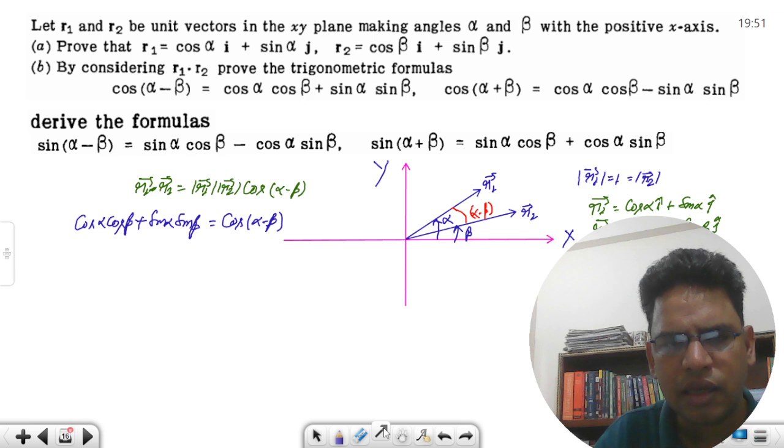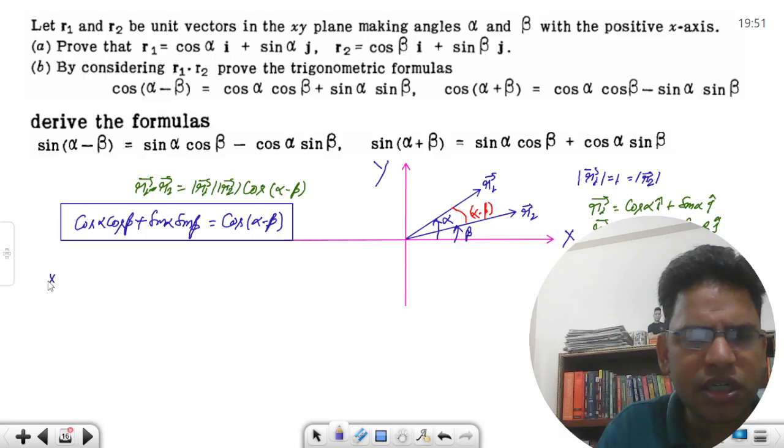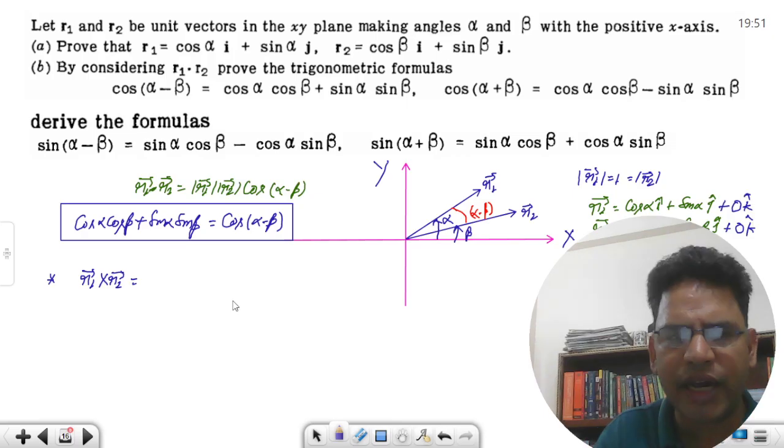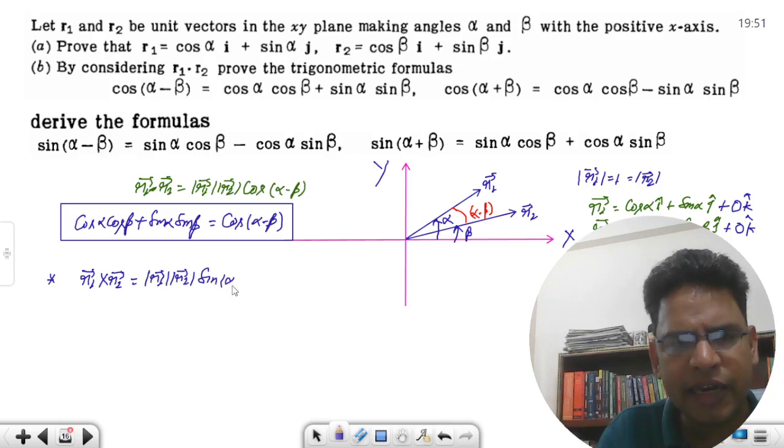Now look at the scenario. Suppose I take r1 cross r2, then you write down the i cap and j cap components, and 0 k cap. What you are going to get is magnitude of r1 times magnitude of r2 times sin(alpha minus beta).